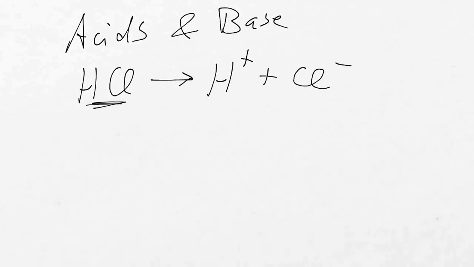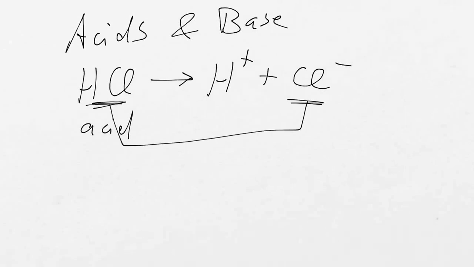So HCl obviously very clearly is the acid. It gives off the protons. So this is the acid, and this would be the associated base. This would be the conjugated base.